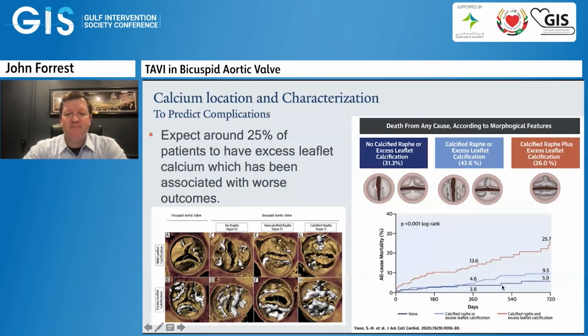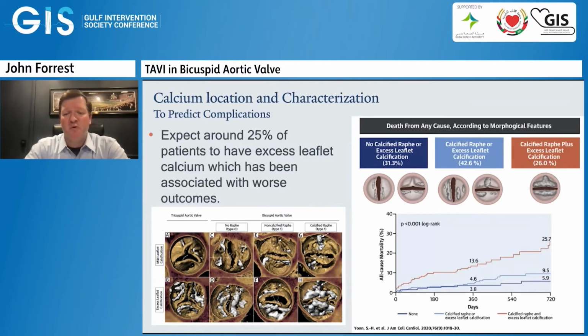You can see here that at 2 years, in the patients who have excess calcium, their mortality is over 25%. And it's also important to note that about 25% of your bicuspid patients will have this. And so I think it's fair to say that one should expect when you're looking at your low risk patients that about 25% of patients will have excess leaflet calcification. That's associated with worse outcomes.